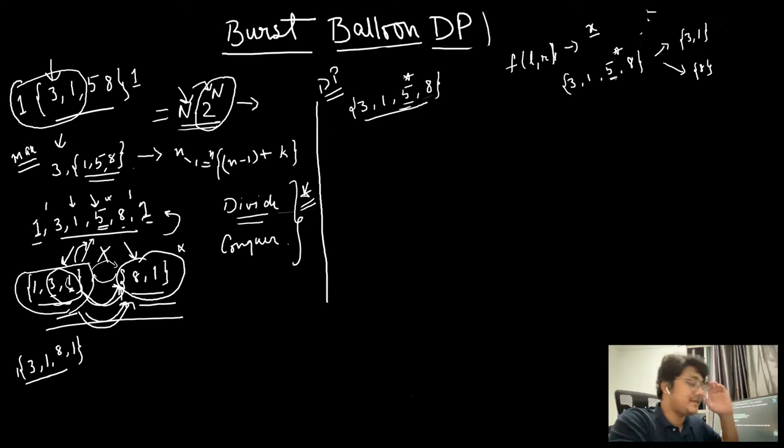So now just imagine one thing. If 5 is the last balloon which is to be bursted in this array, so at the end only 5 will be remaining, right? And to be able to calculate the points for 5, what was the rule? For any given balloon, we have to calculate the points by multiplying the balloon on the left hand side and the balloon on the right hand side.